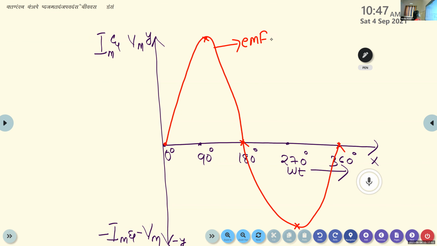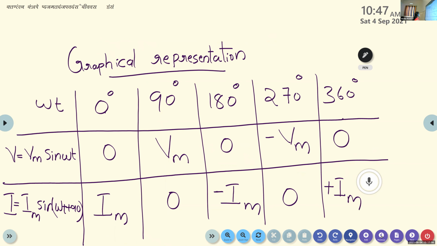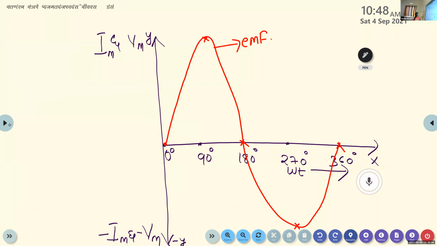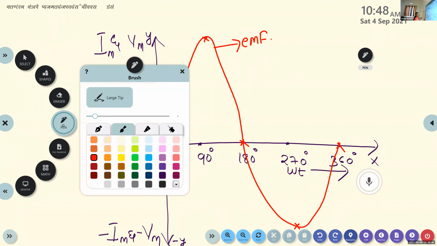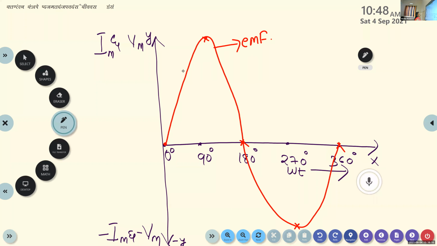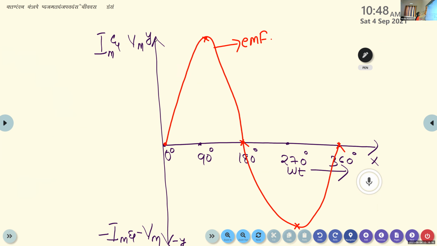Similarly, we can draw the graph corresponding to the value of current. In the case of current, it is starting from positive Im. For 0 degree, it is plus Im.